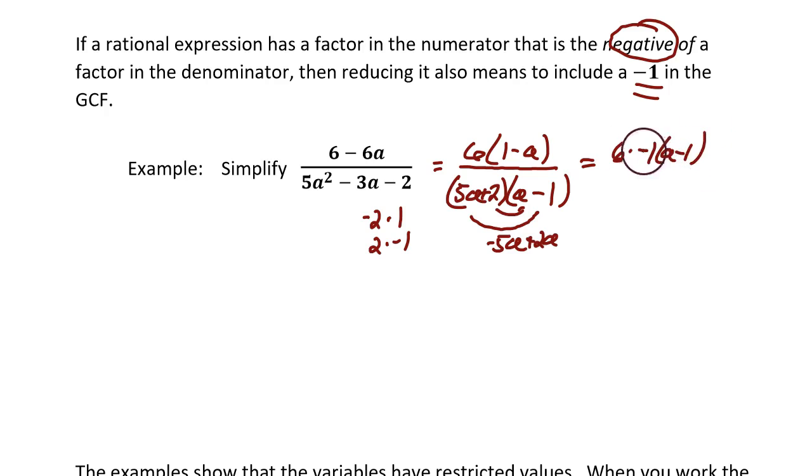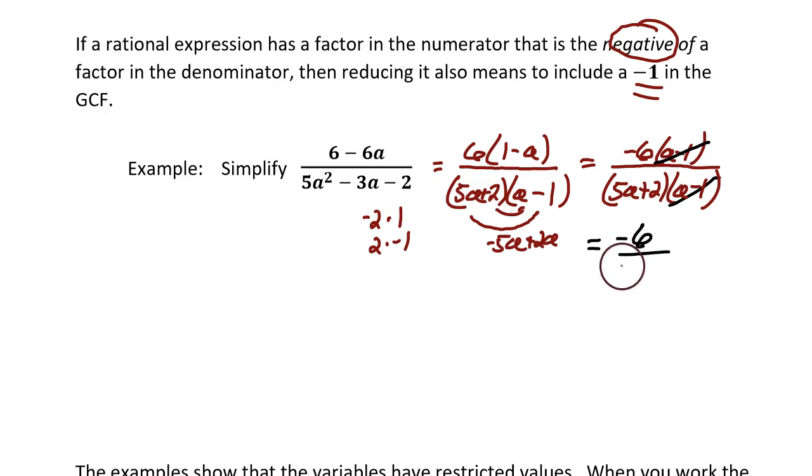But 6 times negative 1 is negative 6. Keep the denominator the same. Now there is a common factor in the top and bottom, which cancels away. Final answer is negative 6 over 5a plus 2.